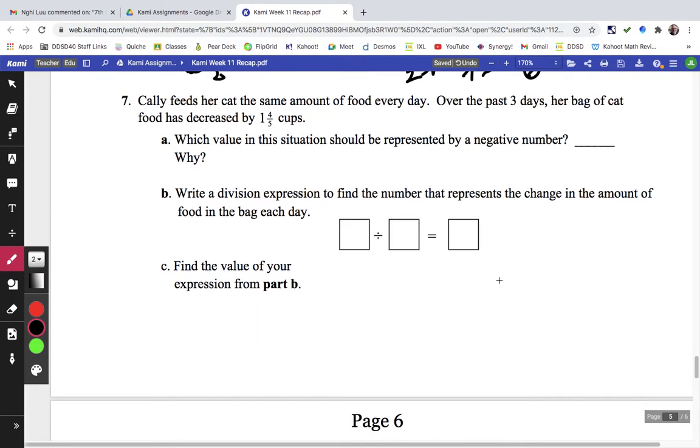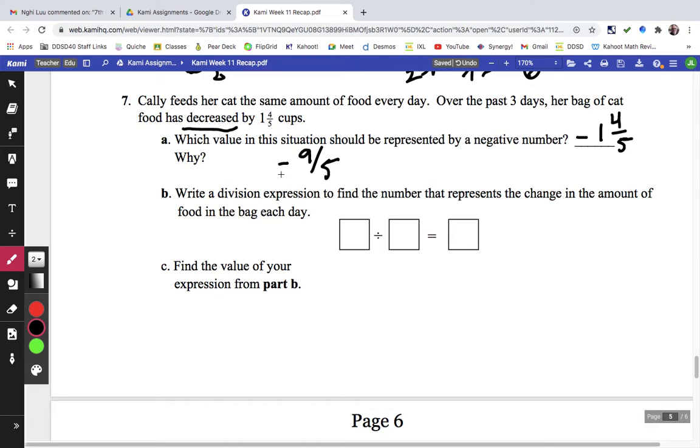All right, Callie feeds a cat the same amount of food each day over the past 3 days. Her bag of cat food has decreased, really important word there, decreased by 1 4/5 cup. So the negative number is going to be -1 4/5, or -9/5.